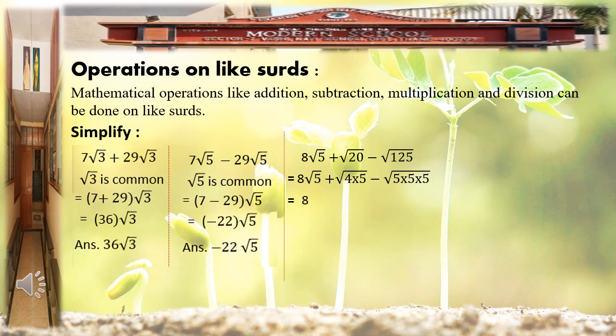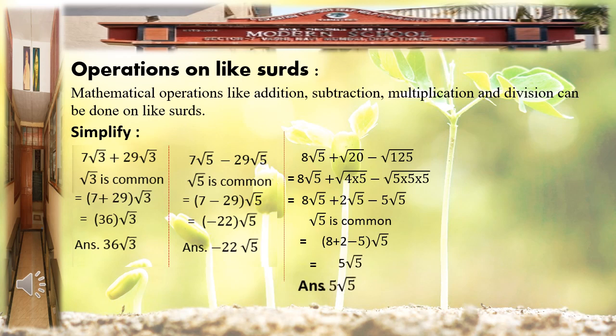Then value of root 4 is 2. So it is 2 root 5. And similarly removing 5 from pair of 5 in next number, we get 5 root 5. Now we see root 5 is common. Solving further, 8 plus 2 minus 5 is 5. So answer is 5 root 5.